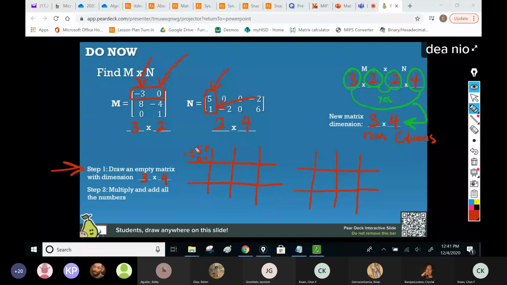And then do the multiplication real fast. -3 times 5 is -15 plus 0 times 1 is 0. So that means you have a -15.